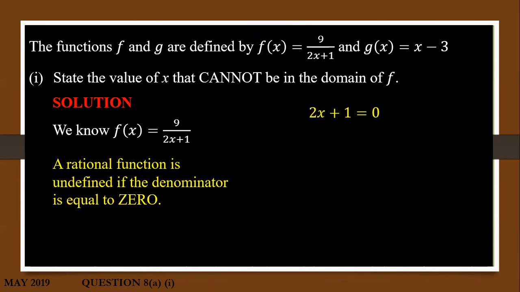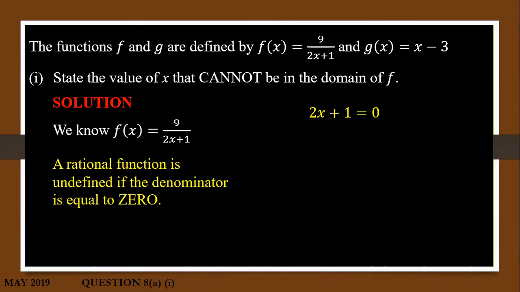In other words, what number am I going to substitute for x so that my denominator becomes 0? To do this, we can simply equate the denominator to 0 and transpose for x.